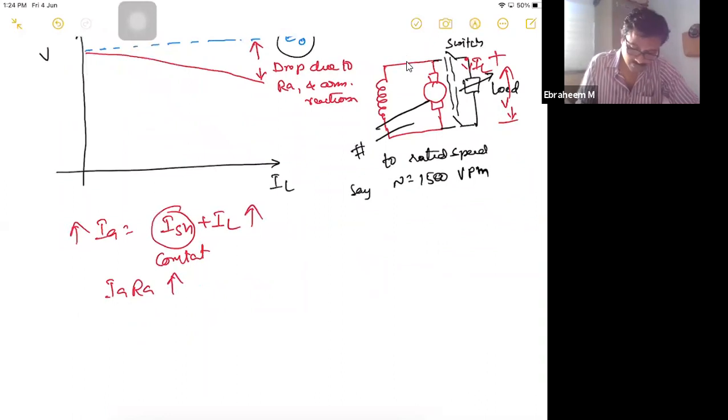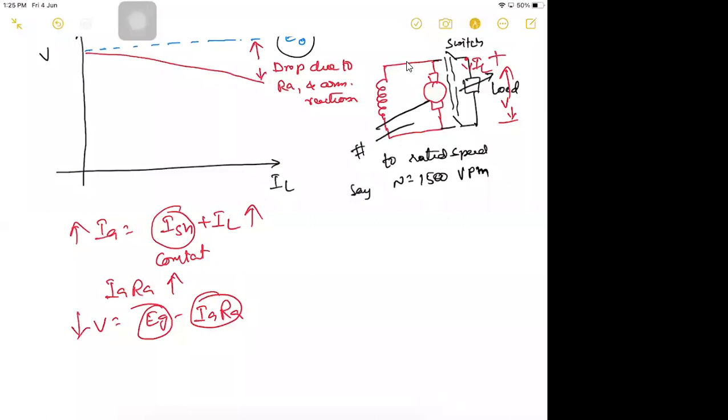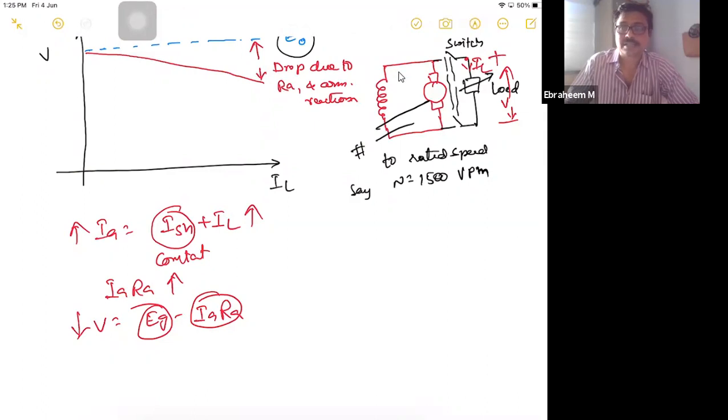But if IA RA increases, what happens? V is equal to EG minus IA RA. So as IA RA increases, what happens? As EG is fixed, speed is fixed, flux is fixed, so V decreases. Terminal voltage decreases.